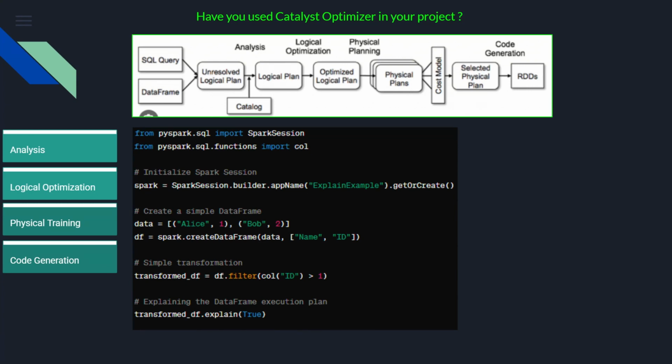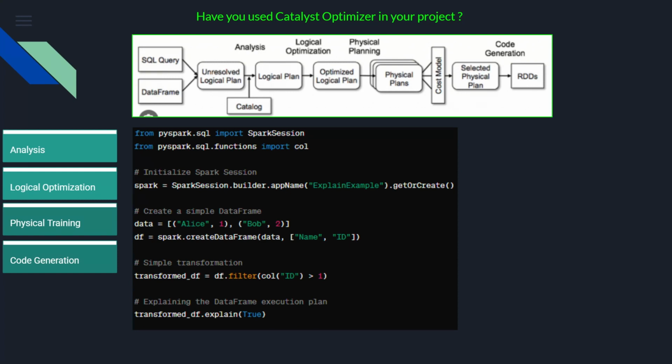Now, coming to this example, let's consider a scenario where you have sales data, and you need to calculate the total sales per region with a filter on the year, right? This code is for that.